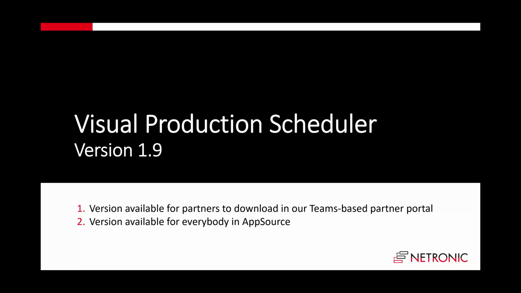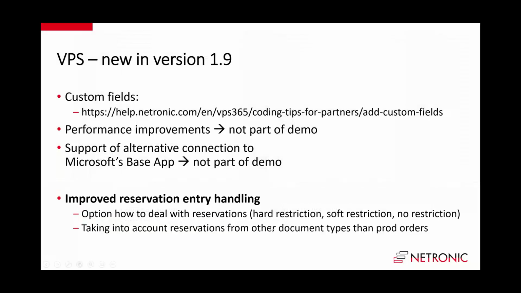It comes with a 30-day free trial version, and then we figure out the rest afterwards. So the product is already released. Everything that I show to you now is already available, both for on-prem deployments, and then you as a partner or your partner can get it from our partner portal, or it's available on AppSource.